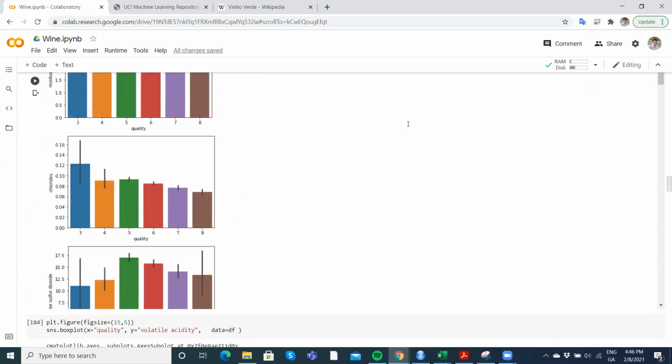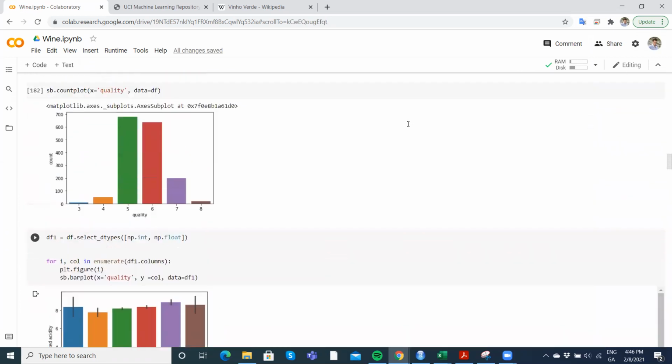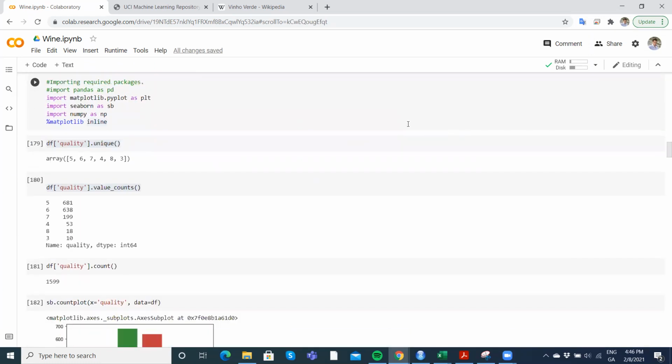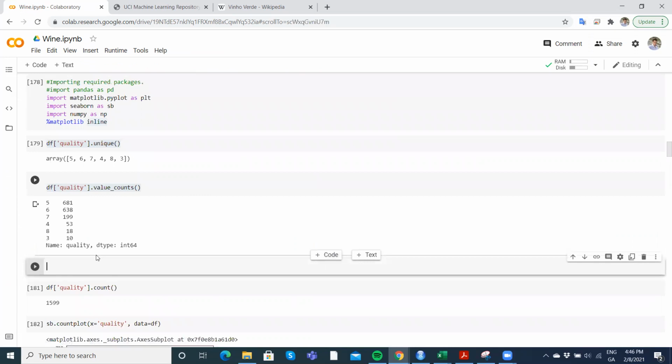So it might be no harm if we go back and take a look here at some specific numbers. High accuracy sometimes can be obtained by doing kind of dumb stuff. So let's have a look at this. In terms of the 7s, there's 199, plus in the 8s, there's only 18.